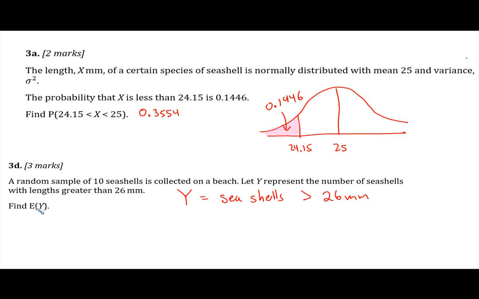Now, the expectation of capital Y, if you remember the expectation formula, is just N times P, where N, in this case, represents the 10 seashells. P is the probability of a seashell being greater than 26 millimeters.